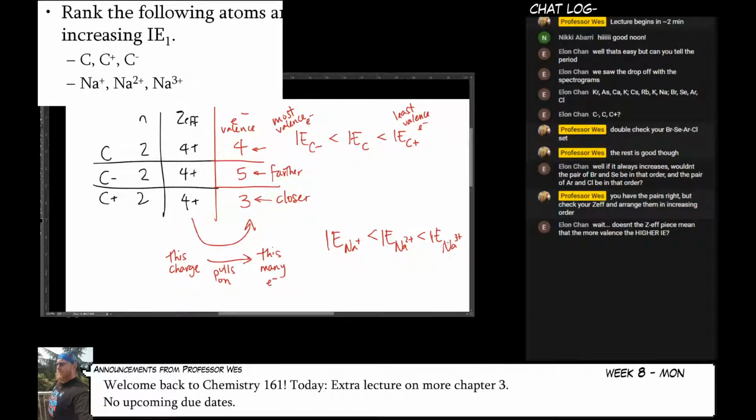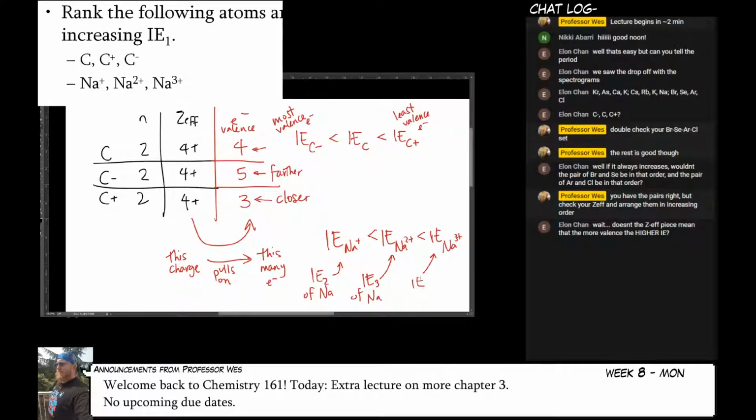And that makes sense because of what we just said. Removing extra electrons is harder and harder and higher. What we're actually looking at is, instead of saying that these are the first ionization energies, we could say that this is the first ionization energy. Or actually, this would be the second of sodium. This would be the third of sodium.